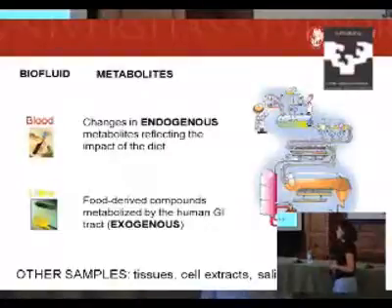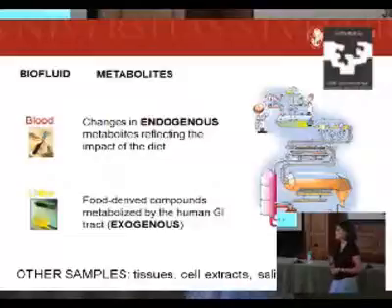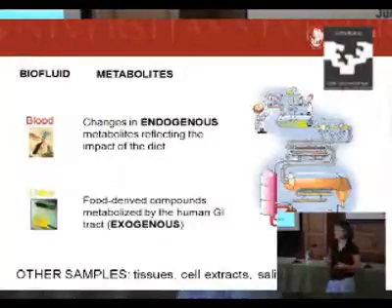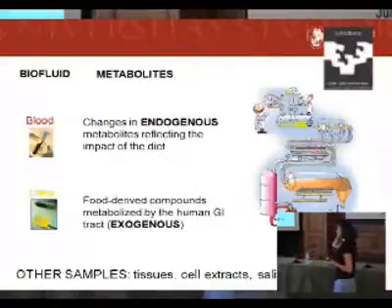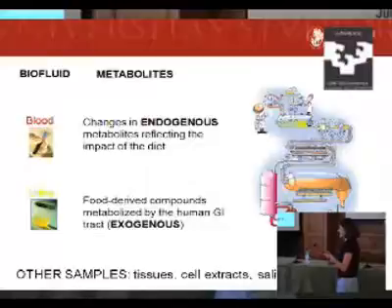But nowadays we are also moving to the study of tissues, cell extracts, saliva, fecal waters. So it's a broader word to work in metabolomics. But the main studies are still being done in blood and urine.